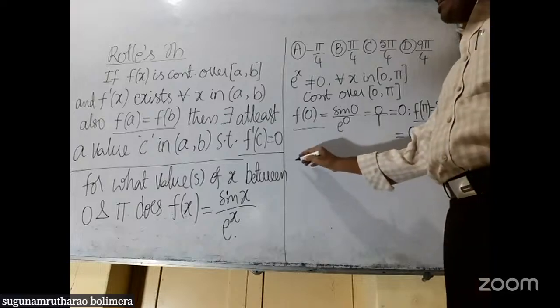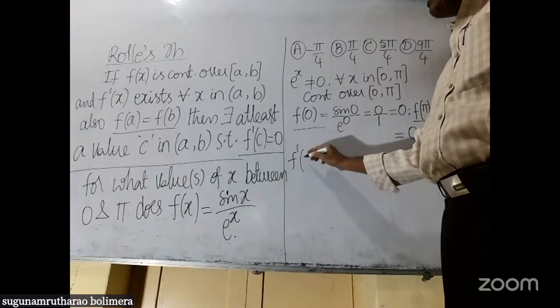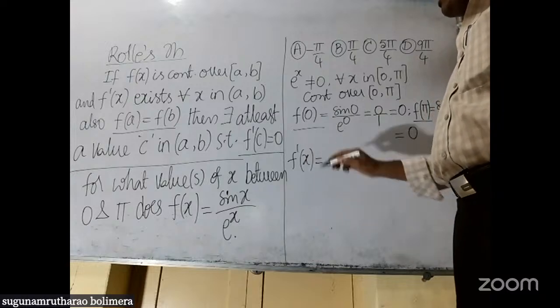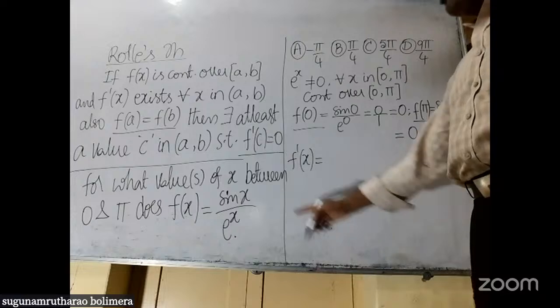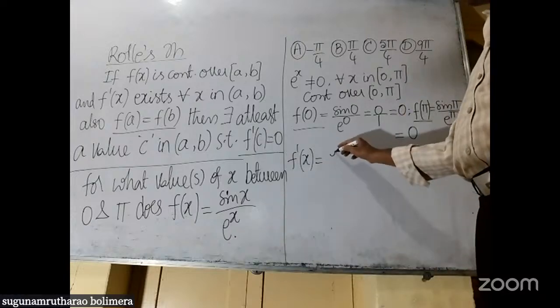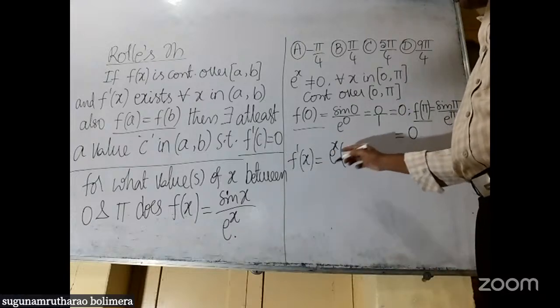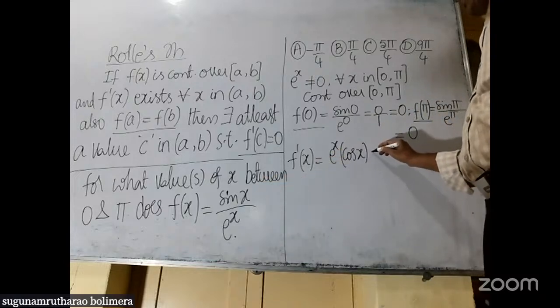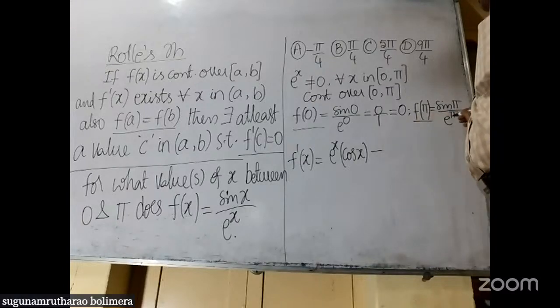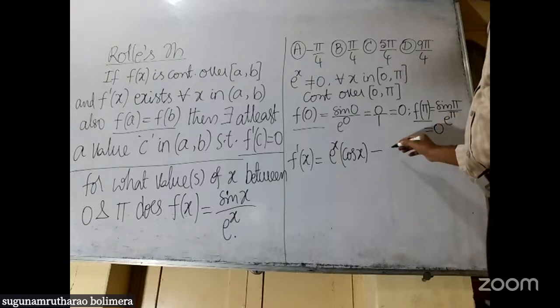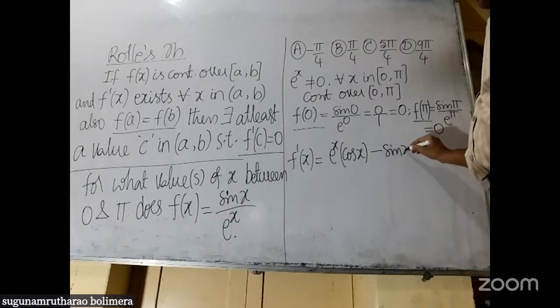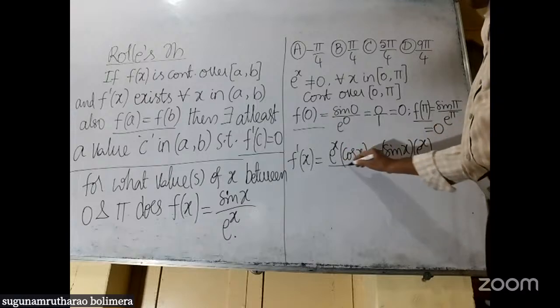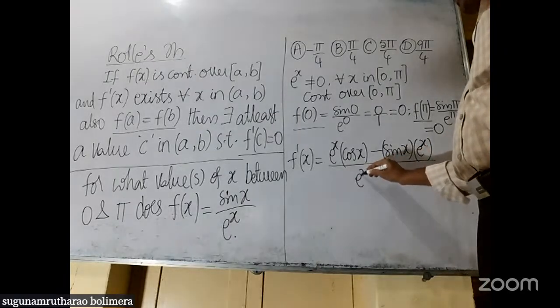Now you may find f dash of x. f dash of x, by the u by v formula, is e power x into derivative of sin x, cos x, minus sin x into e power x, divided by e power x whole square.